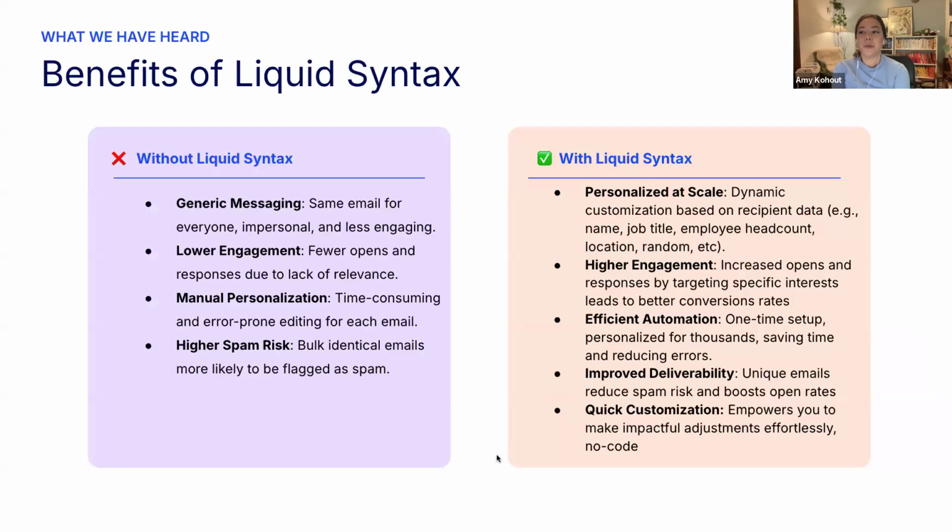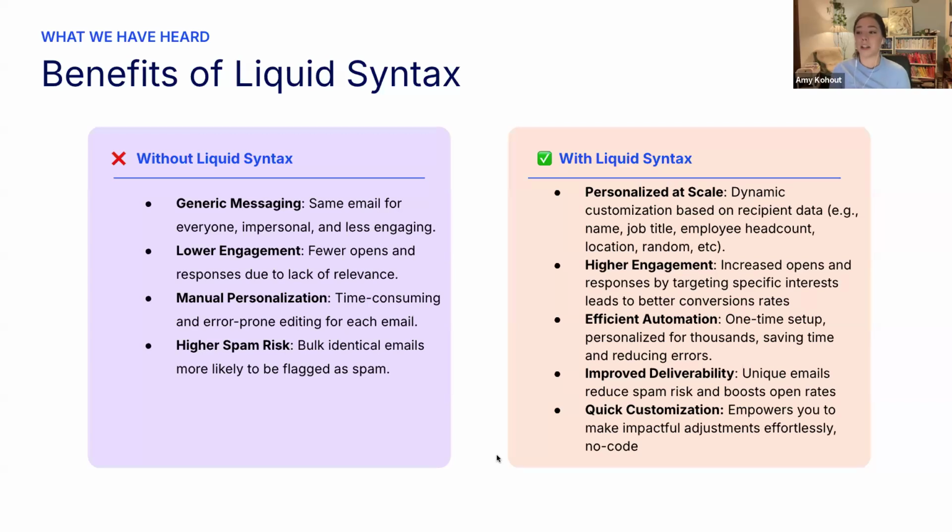Now going into benefits of liquid syntax. We'll start with what we typically see without liquid syntax and then how liquid syntax can help. Without liquid syntax, what we have found is generic messaging. When your subject line and the body of your email are the same information being sent continuously, it's more likely to be picked up by spam filters because they're able to recognize that redundancy.